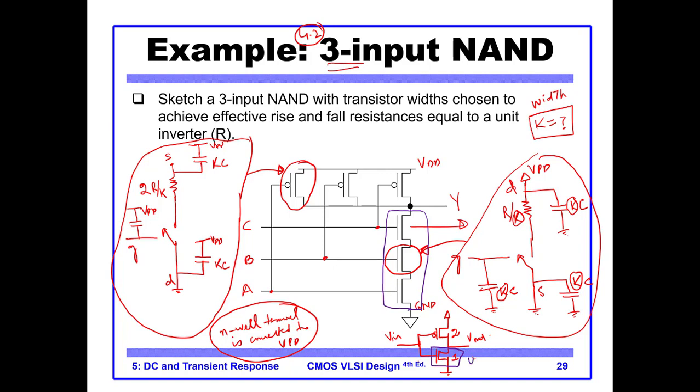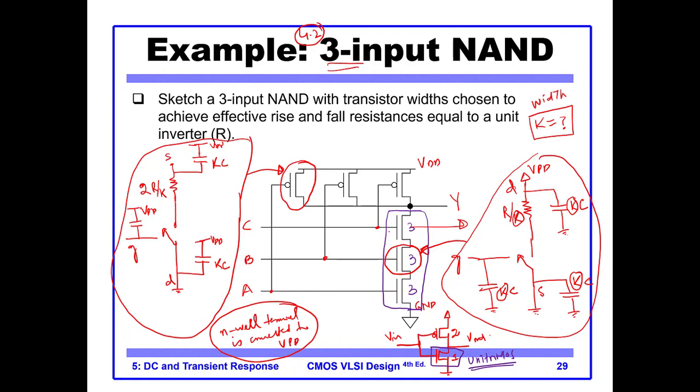This is called a unit NMOS. In order for these 3 NMOS to have the same resistance, or the same current capability, as a unit NMOS, the size should be equal to 3. So the W is equal to 3.